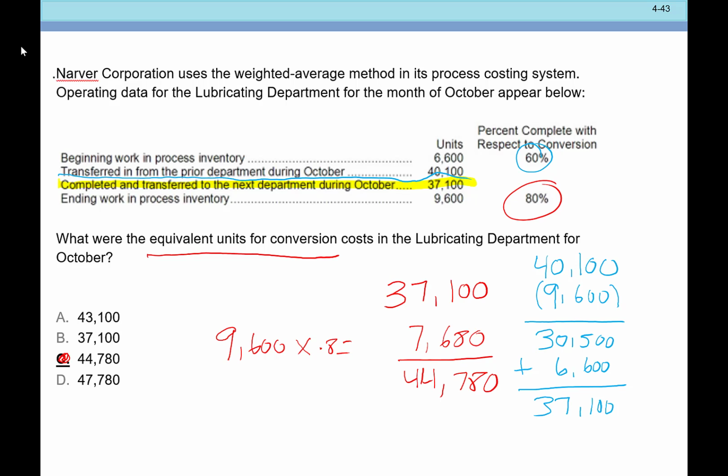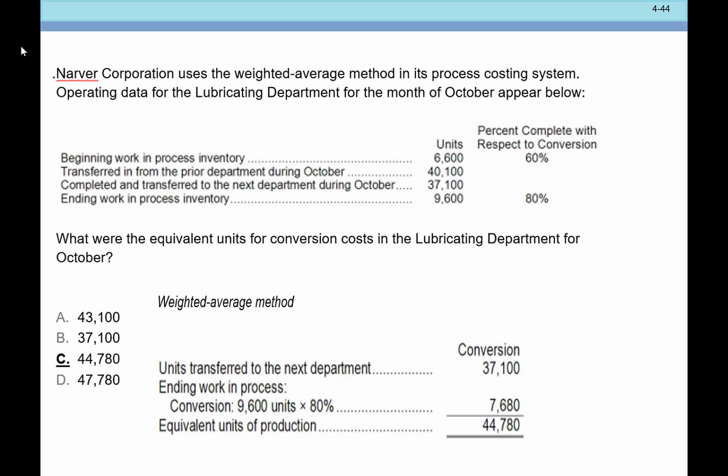Because I know I would have completed those units this period and transferred them out. This question just gave it to me, so I didn't have to calculate that. No difference here, just you see the official solution here.